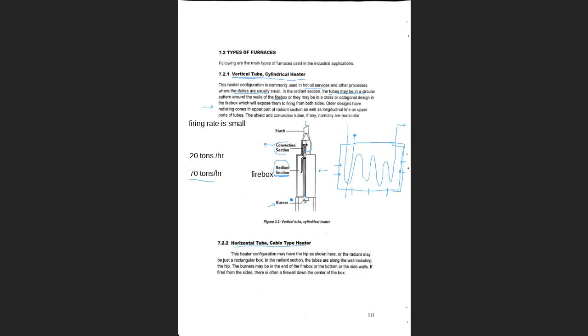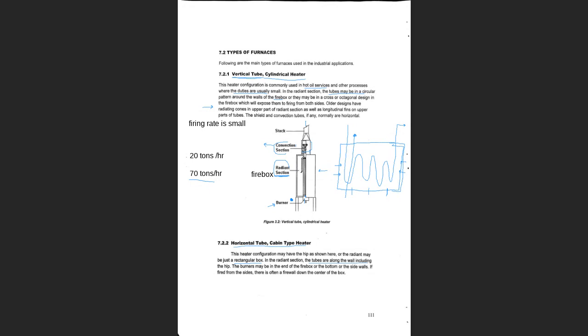Obviously in this kind of heater, you may have the radiant section of the firebox in the shape of, as it says here, a rectangular box, a rectangular and square box, guys. The tubes in this kind of furnace are along the wall.